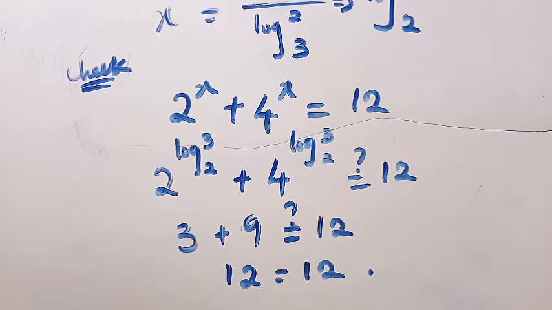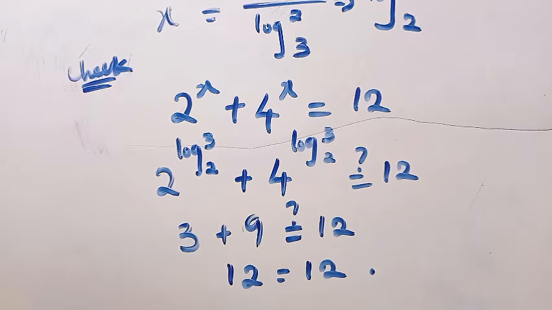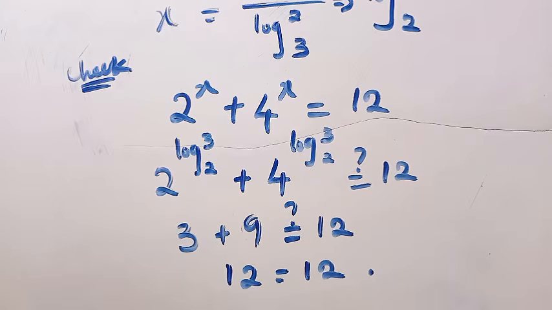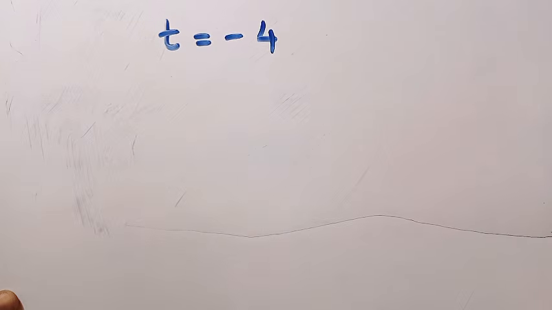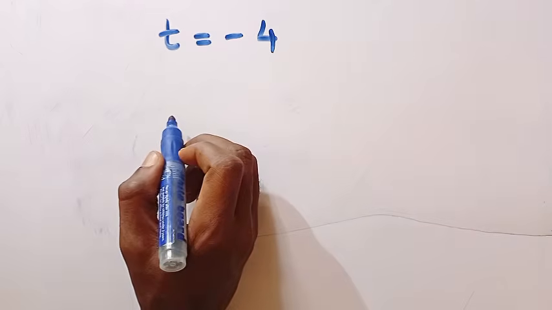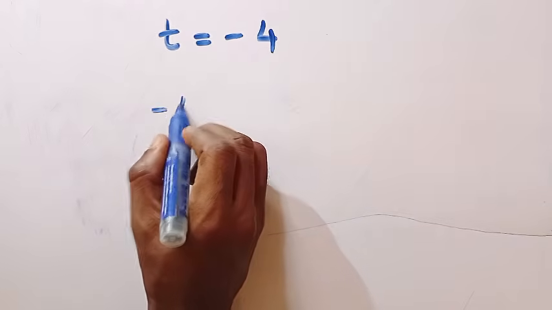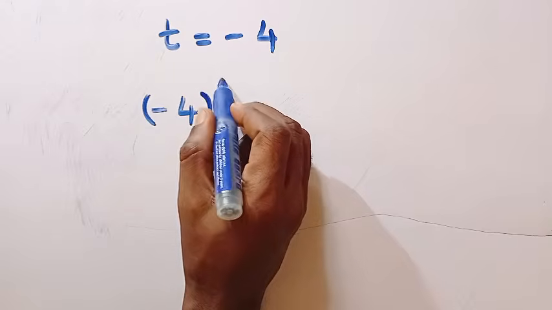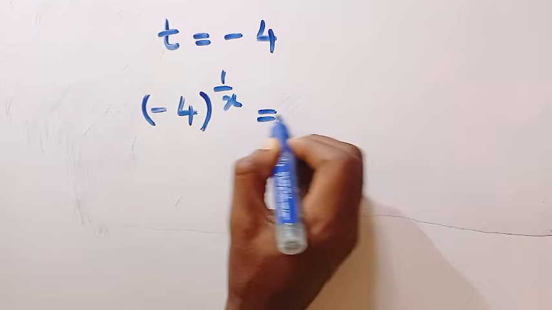But the interesting part is, what about the second value? Let's look into this as well. If t is negative, we have t raised to the power 1 over x, that is, negative 4 raised to the power of 1 divided by x equals 2.